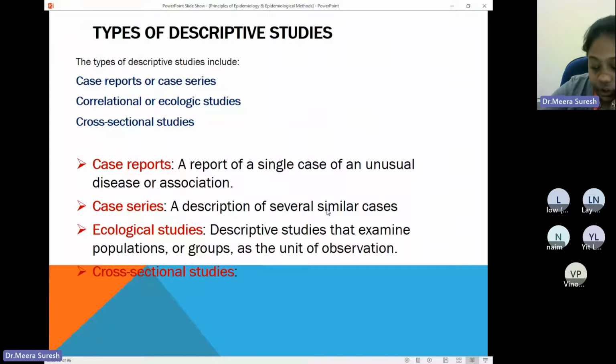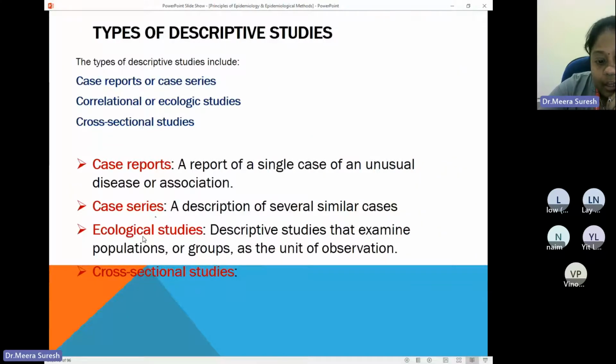It is actually a case report. But if you wait for some time, and then you have a number of cases, a series of cases, and then you publish it together, it becomes a case series, a large number of 7 or 10 cases of APD. Maybe the same medicine, may not be the same medicine, but it is the same disease you are mentioning. So that becomes a case series.